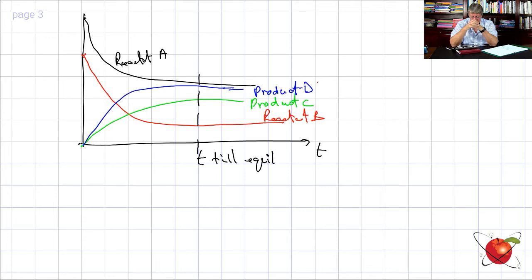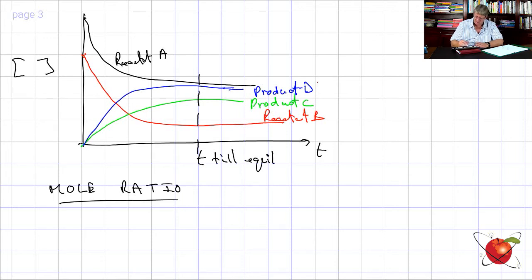Now, let me say I've got concentration here. It means the concentration of A has dropped and the concentration of B has dropped, but they've dropped differently. Why? Because of the mole ratio.